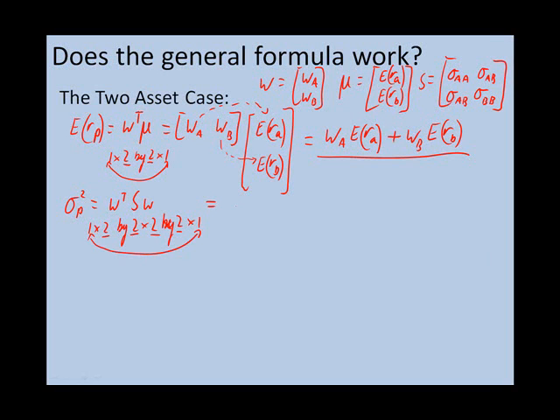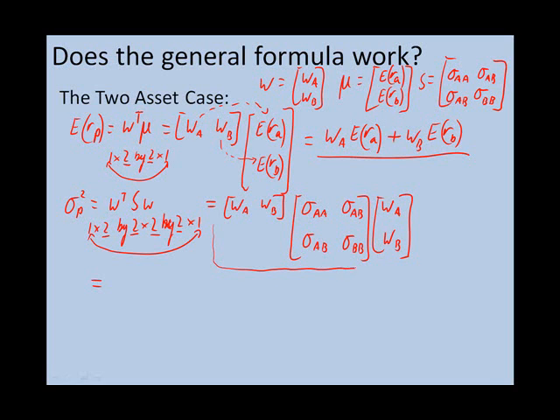Let's write it out then. To do this multiplication, let's first consider multiplying W transpose times by S. That's going to give us a 1 by 2 matrix. How do we do this calculation?